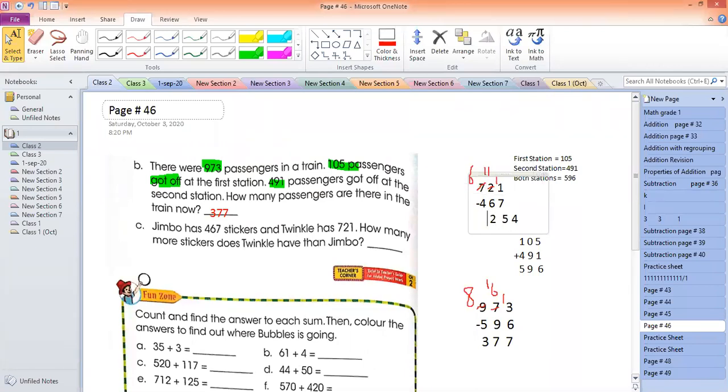So the answer is 254. We minus 467 from 721, so you will get the answer, that is 254.